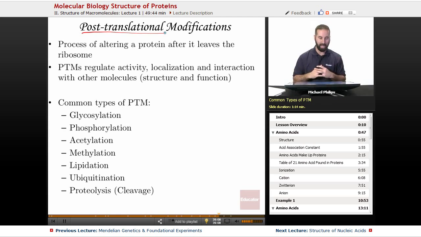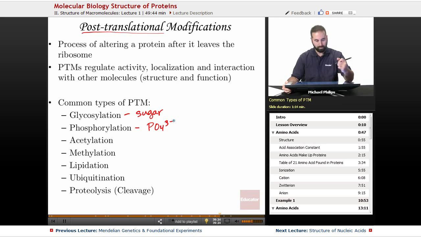Right? And some common types of post-translational modifications are glycosylation, and that's the addition of a sugar. We can have phosphorylation, which is the addition of a phosphate group. We can have acetylation, that's an addition of an acetyl group. Methylation, an addition of a methyl group. Lipidation, that's the addition of a lipid.